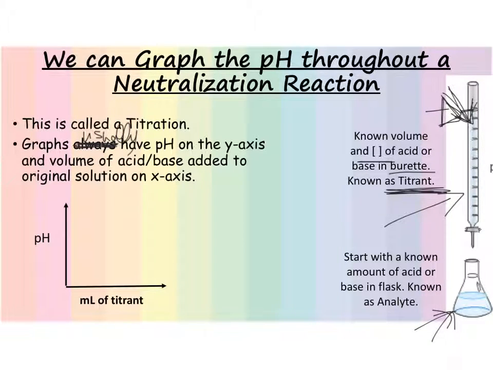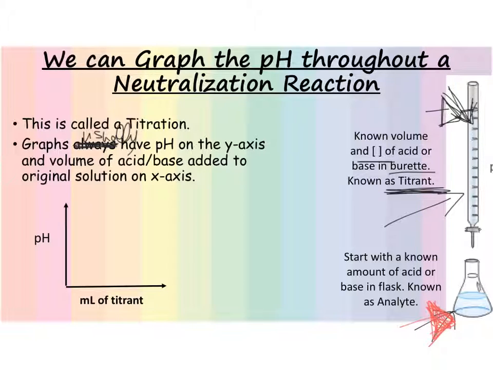Okay, now down below here in the flask, what we have down here is our starting solution, our original solution. We will know the starting volume of it because we can measure that with a graduated cylinder before we put it in there. What we won't know perhaps is the concentration.